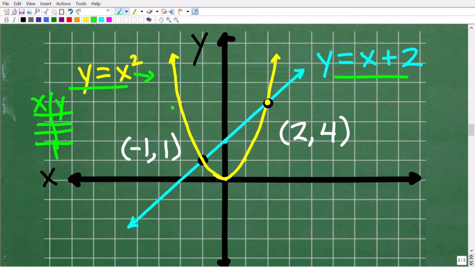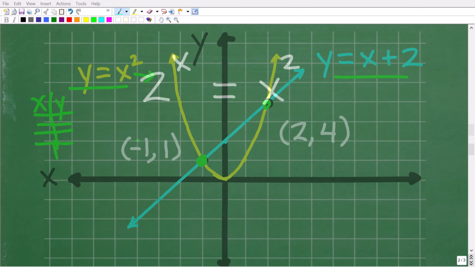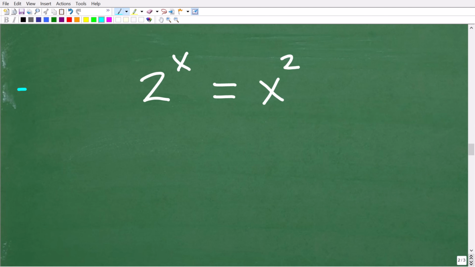And you can see that we did this very carefully on graph paper, and the points of intersection, i.e. the solutions, are (negative 1, 1) and (2, 4). All right, so the big principle here is that you can solve equations graphically in algebra. So let's go back to our original equation. So we had 2 to the x is equal to x squared.